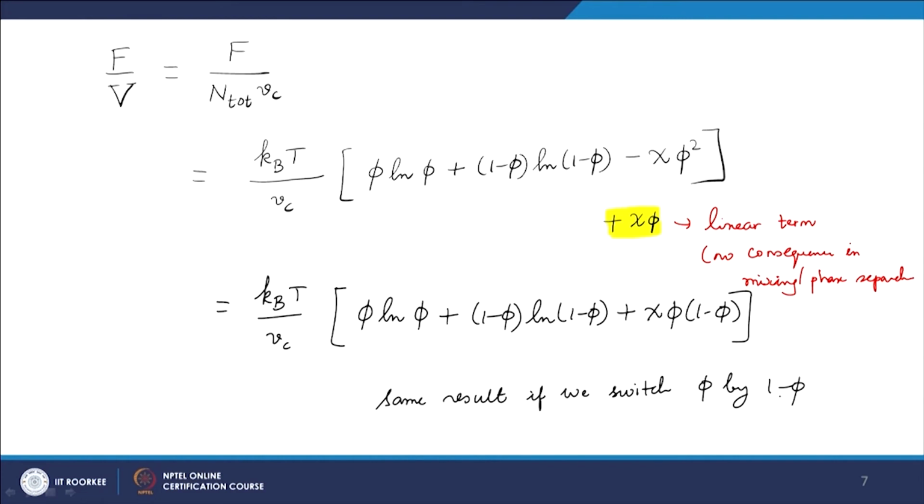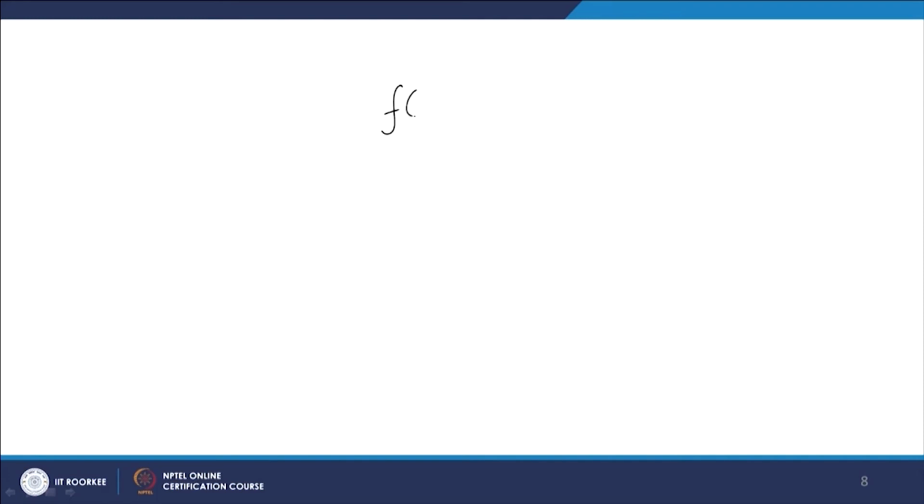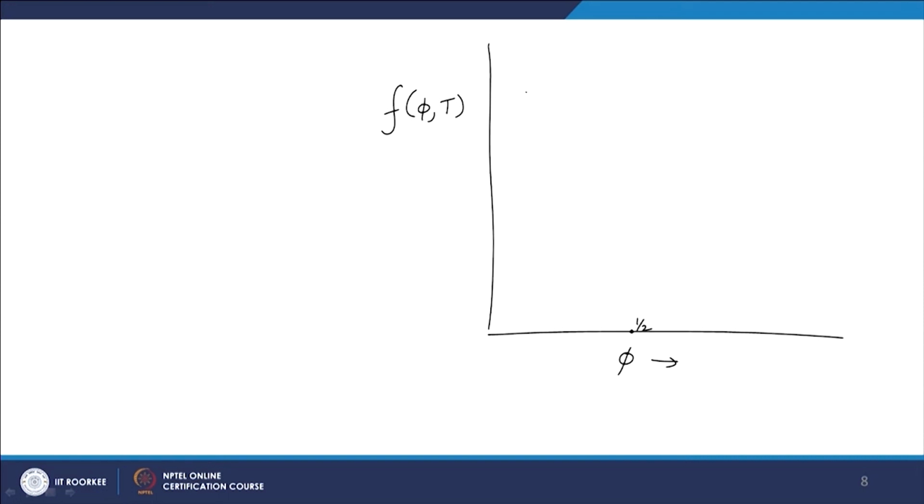So, we will have (1 − phi) ln(1 − phi) + phi ln phi + chi (1 − phi) phi, that will be the same result that we have here. So, if I look at the function plot, that will have a symmetry around phi equal to 1 by 2.